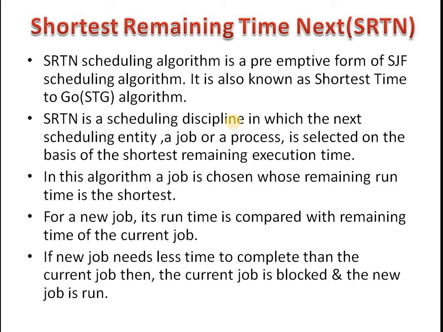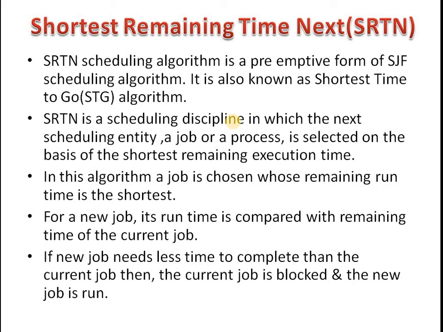SRTN is a scheduling discipline in which the next scheduling entity, a job or a process, is selected on the basis of shortest remaining execution time. Means, in short, in this algorithm priority is considered. So it is a very real-time algorithm.